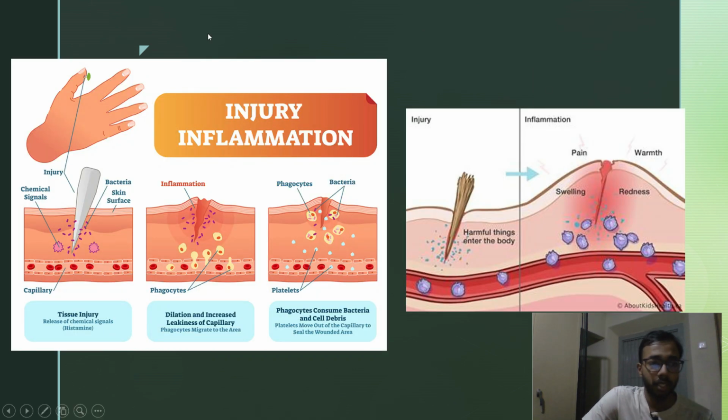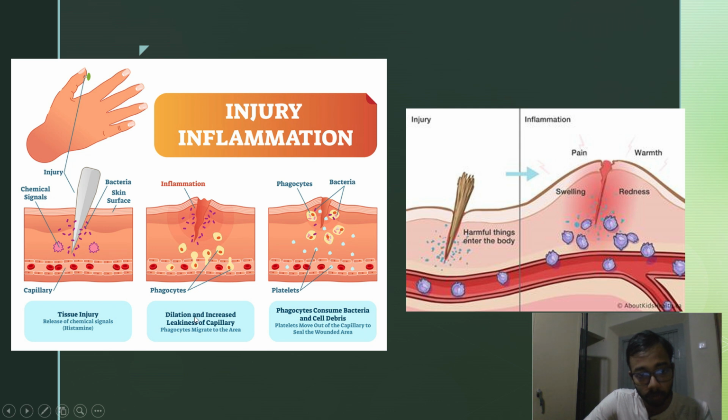So you can see how inflammation takes place due to an injury. Here you can see a sharp object has breached the skin, that is called tissue injury. This tissue injury leads to the release of chemical signals, that is histamine, from mast cells in this loose connective tissue.